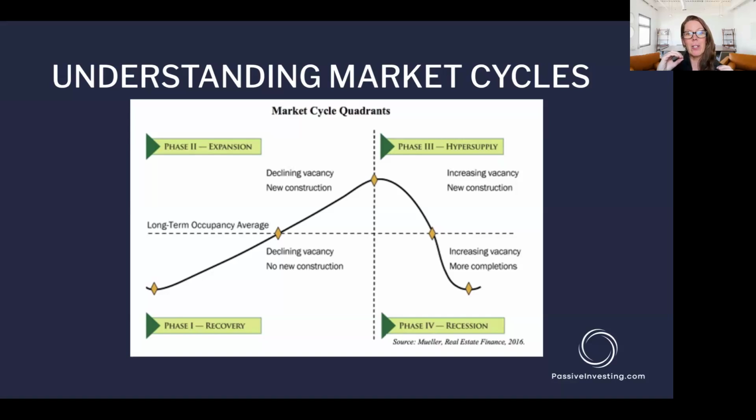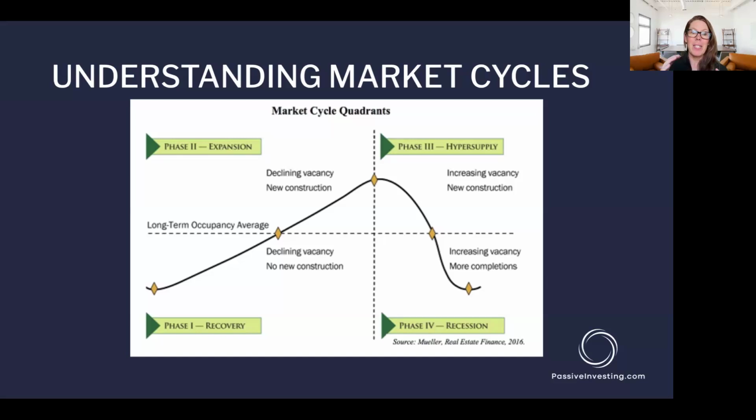So the last recovery and expansion cycle, depending on which economist you listen to, actually was either 2009 through 2020 or 2011 through 2021. Okay. But anyways, we're still talking about a 9-10 year period, which is pretty long for a recovery and expansion cycle. A lot of times these market cycles happen in a much more compressed timeline.